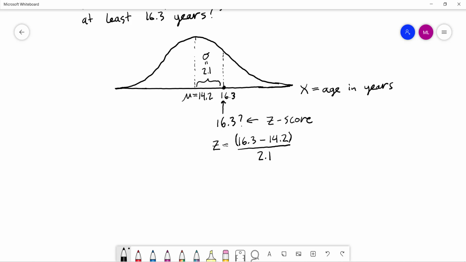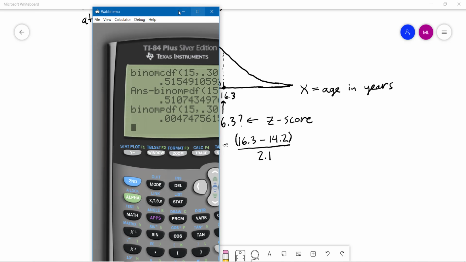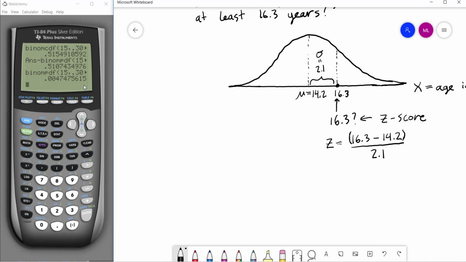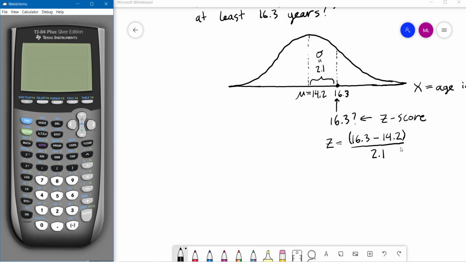And if we do this on a calculator, let me bring up a calculator here. Let me clear our calculator, and I'll plug this in. So if I want that z-score, I can do my parentheses, 16.3 minus 14.2, close my parentheses, and then divide by 2.1.